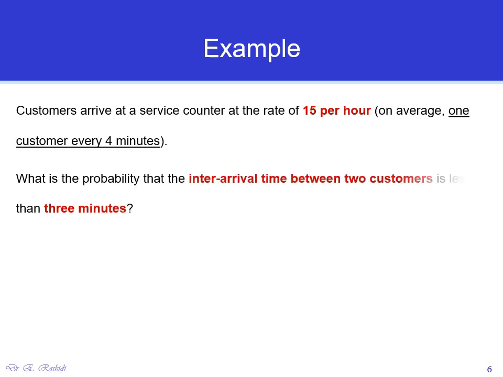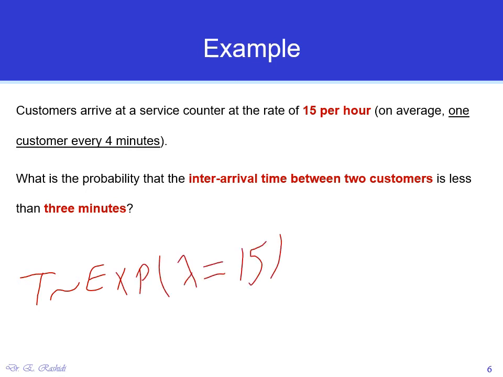What is the probability that the inter-arrival time between 2 customers is less than 3 minutes? So here we have a random variable t, which is the inter-arrival time between 2 customers. It follows the exponential distribution with a rate of 15 customers per hour, if you want to go with the scale of hour.